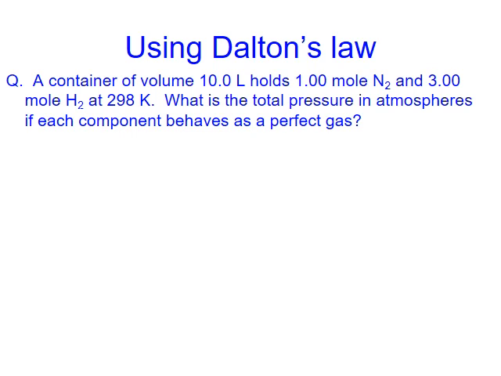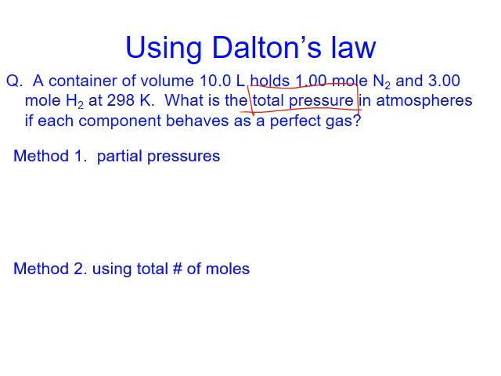Here's a sample question. A container of volume 10 liters holds 1 mole of nitrogen and 3 moles of hydrogen at 298 Kelvin. What is the total pressure if each component behaves as an ideal gas? According to Dalton's law, we can calculate the partial pressures and add them together to get the total pressure.